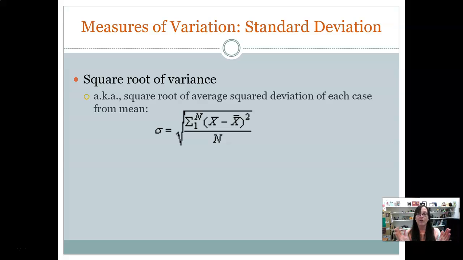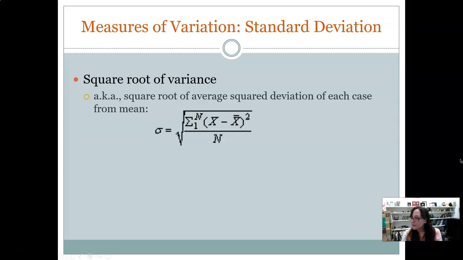You're adding up all those differences, but squaring them. So the final number you get is actually the squared total difference of all your points from that mean. Square rooting it for standard deviation brings it back so that you would say, oh, the standard deviation is 2 years or 3.5 years, and it brings it back to the original numbers that make sense in terms of the case values.